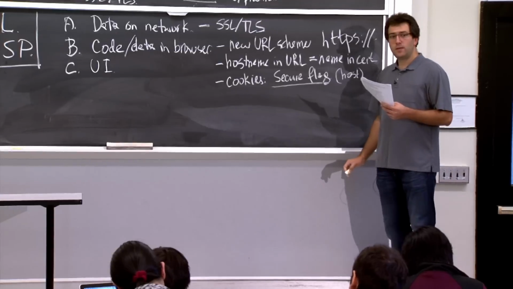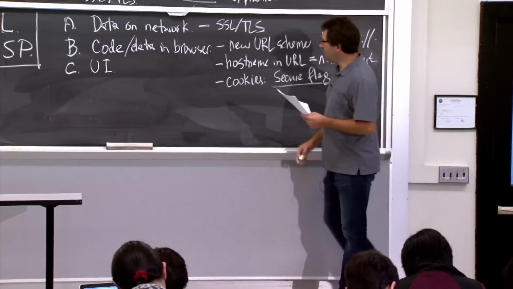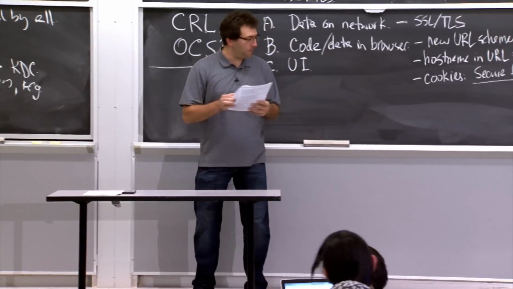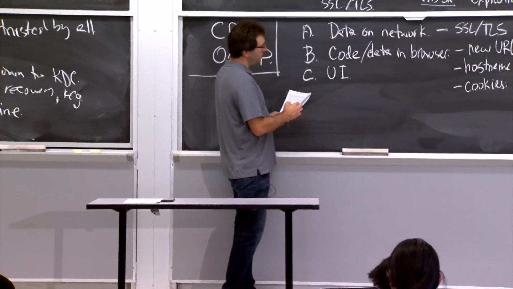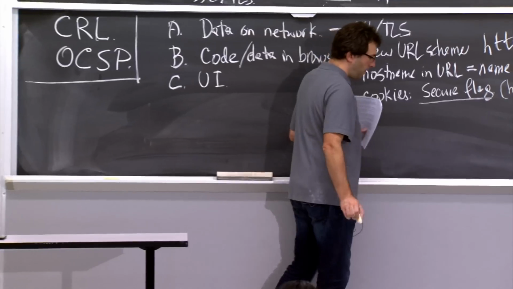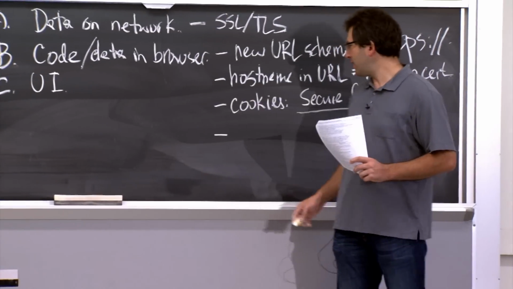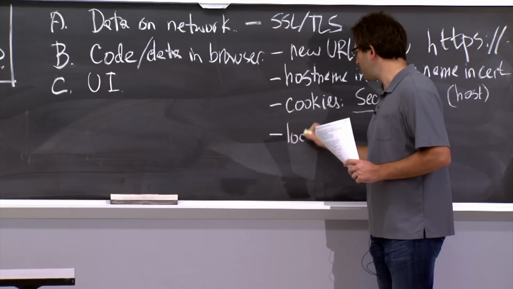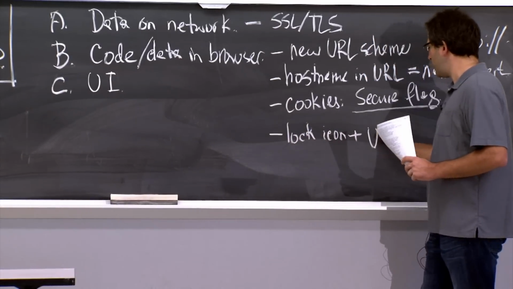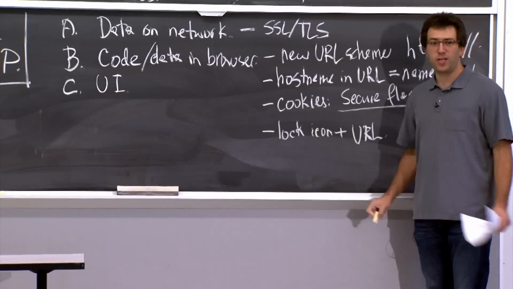Make sense? All right. And the final bit that web browsers do to try to help us along in this plan is for the UI aspect. They're going to introduce a lock icon that users are supposed to see. So there's a lock icon in your browser, plus you're supposed to look at the URL to figure out which site you're on.